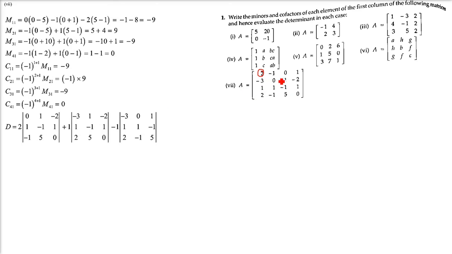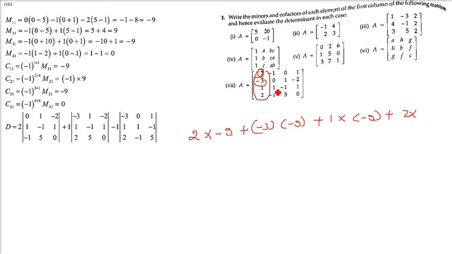So there is a solution being given here, but rather I will try to do the way we have just learned, that I'll use the first column: 2 into minus 9, then minus 3 into minus 9. I will not consider the sign, only the values multiplied by the cofactors. So 1 into minus 9 and 2 into 0. I am using the first column.